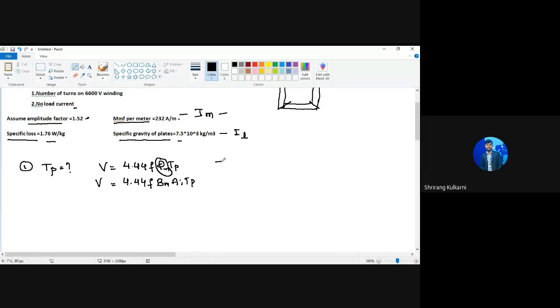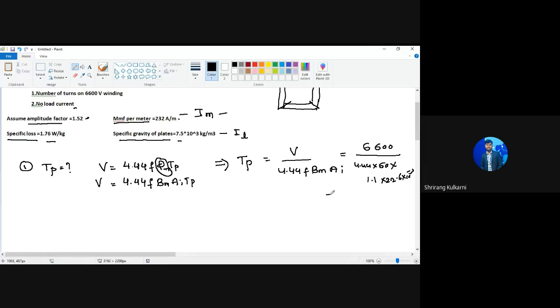So what is the next thing? Next, Tp we can calculate. So Tp equals V divided by 4.44 frequency Bm AI. If we substitute all the values: 6600 divided by 4.44, frequency 60 hertz, don't write 50 because in the problem it is given 60, 1.1, AI 22.6 into 10 to the power of minus 3.